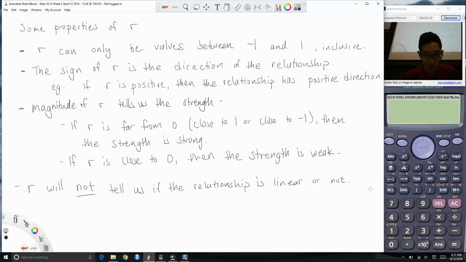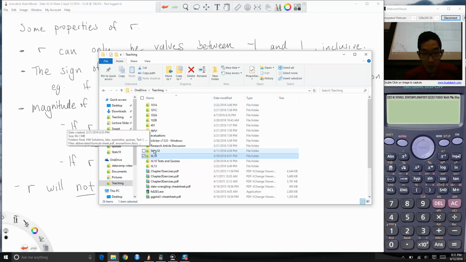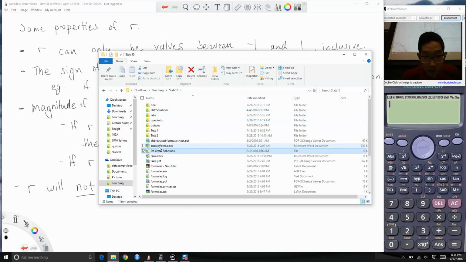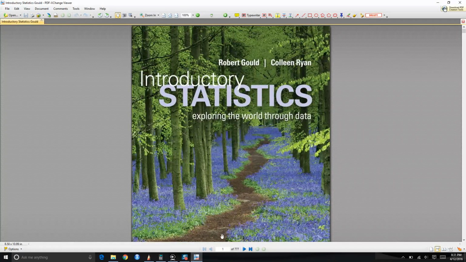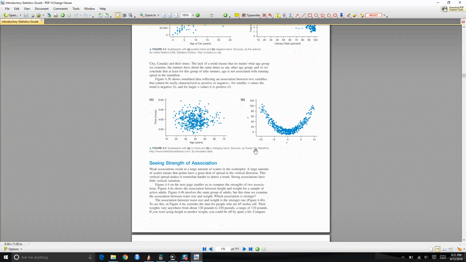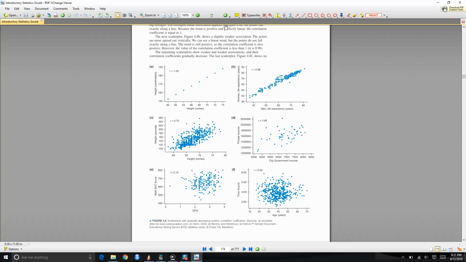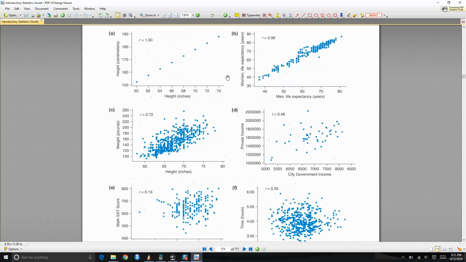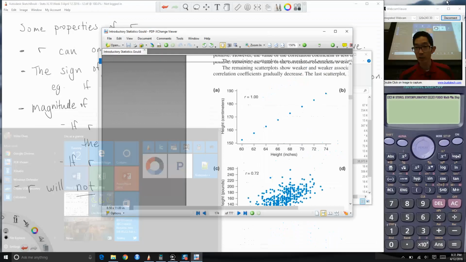Okay, so let me just show you some examples from the book. We'll copy a few of these into my notes here.